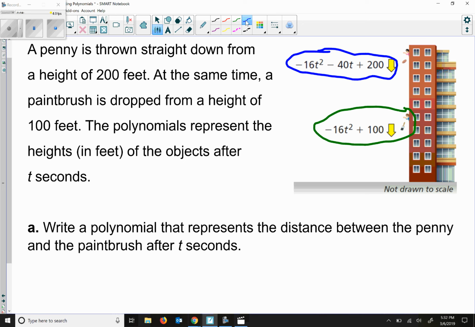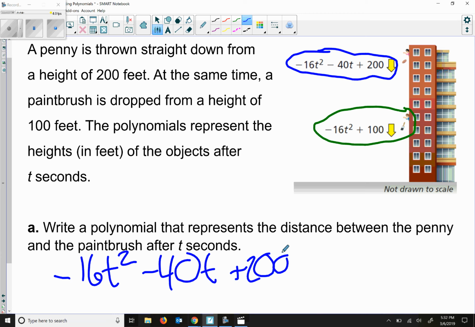So for this one, you guys, you are just going to end up taking these two polynomials and adding them together. So you would take negative 16t squared minus 40t plus 200, and then you would take that negative 16t squared plus 100, and you would just take these two and add them together.